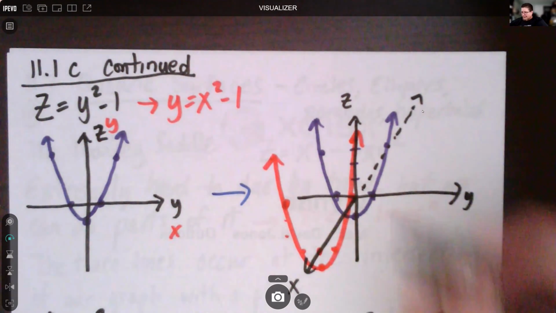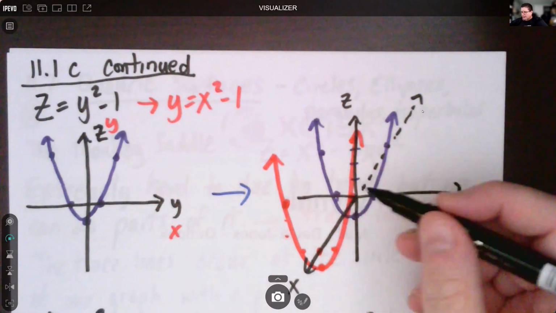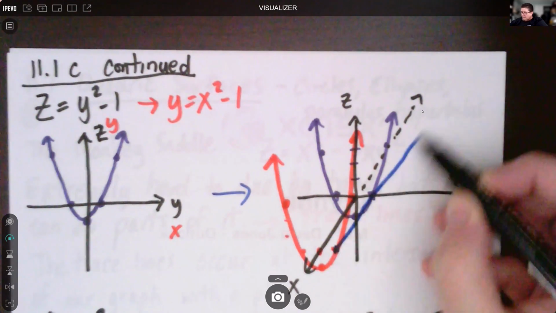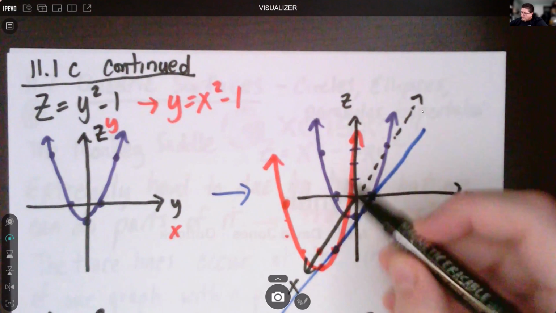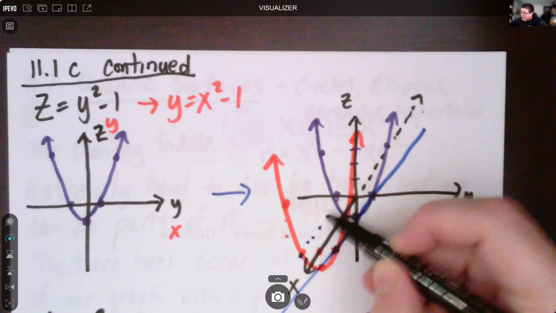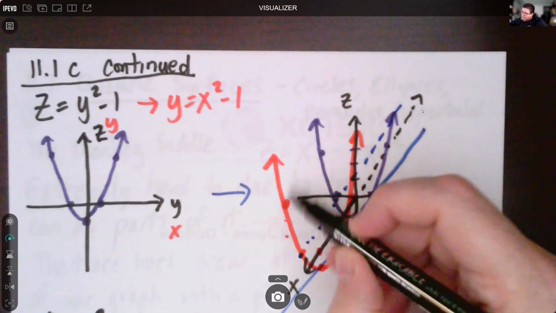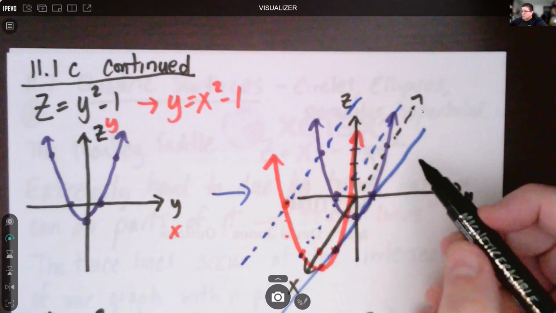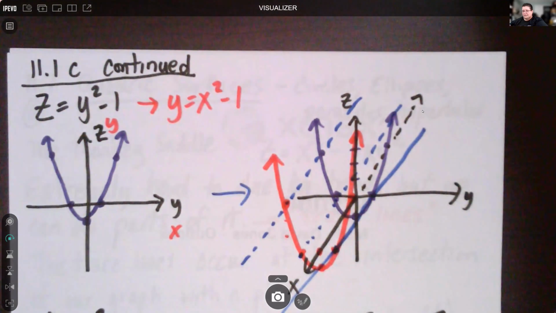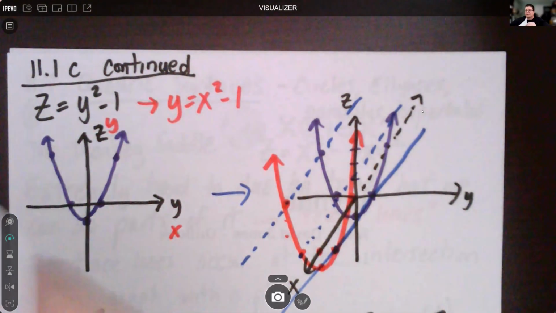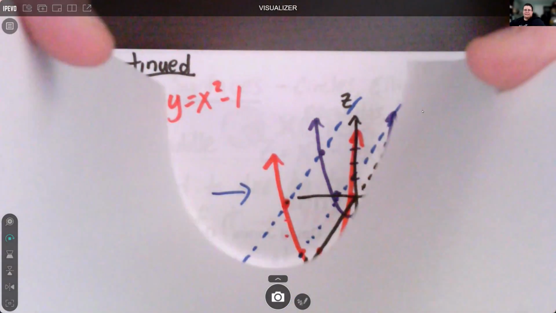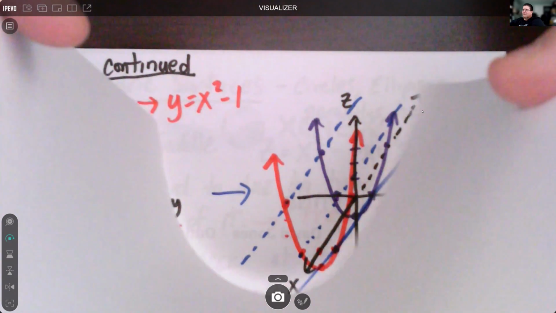But I do have some dots that I made for each of them, so maybe I'll connect them. So we've got effectively a piece of paper curved like this. We've got a half pipe.